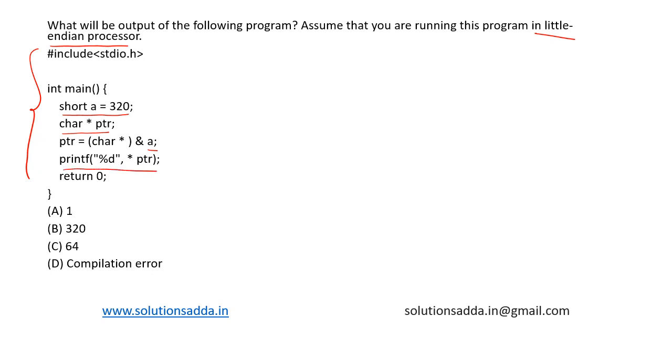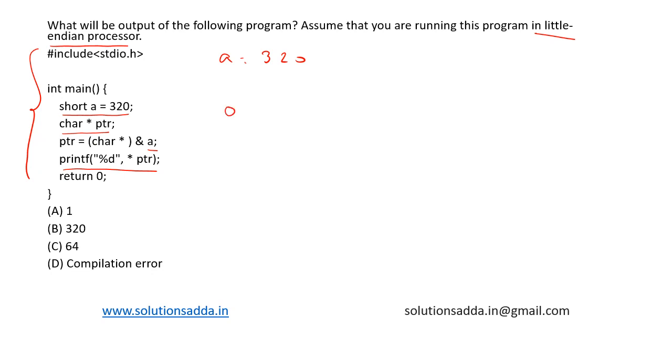So first of all, what is little endian processor or little endian byte order? In little endian byte order, the least significant byte of the data is placed at the byte with lowest address. The rest of the data will follow as it is. So here the value of A is 320. In 2-byte representation, it would be as follows.